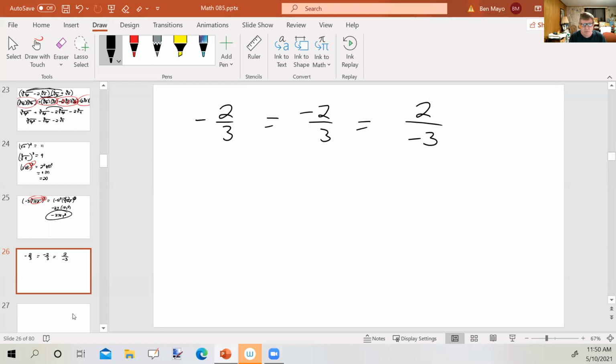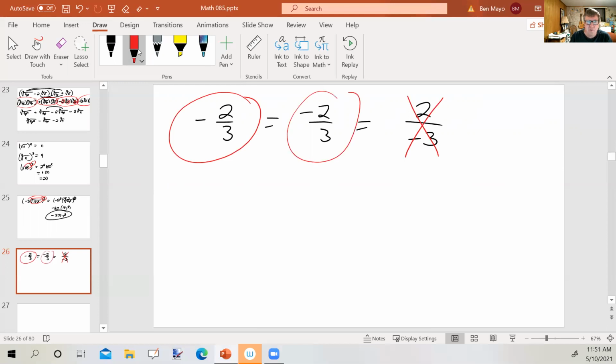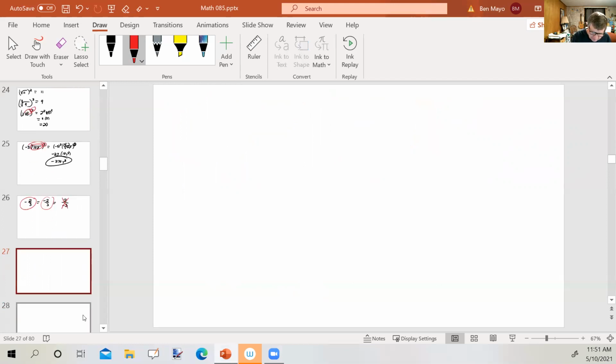However, someone way back when decided that we don't want to leave a final answer with a negative sign in the denominator if we can help it. So we would either write it here where the negative sign is out front of the whole fraction, or here where it's just applied to the numerator. But the idea being that with a fraction, we want the denominator nice and clean, we don't want it negative.